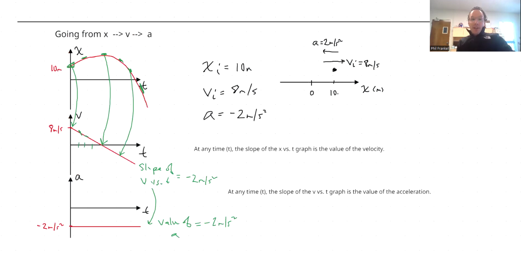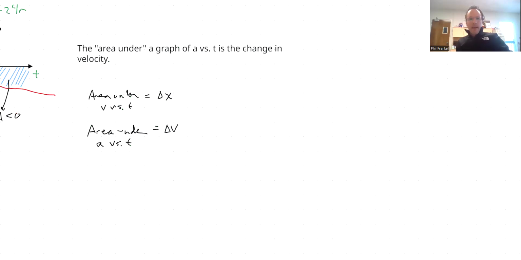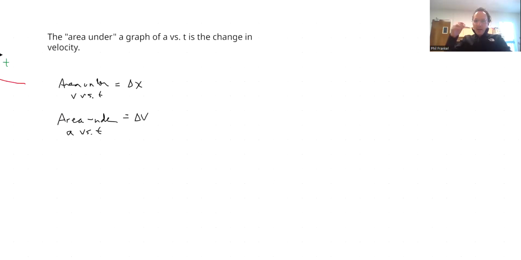And if you're given information about velocity and want to know what the graph above, the position graph, might look like, or at least you can figure out what the displacement is between any two times, or you're given information about acceleration and you want to find out something about velocity, namely the change in velocity for a time interval, you are using the concept of areas and working from the bottom to the top of those graphs.